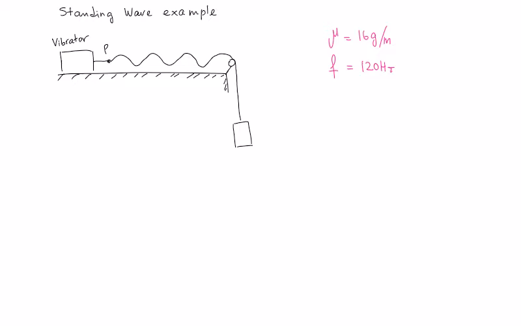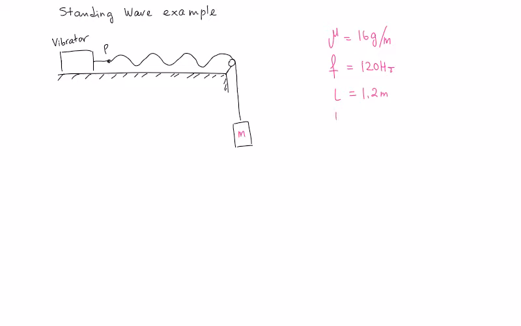The length of the string is given to us as 1.2 meters, and the other end of the string is connected to a certain weight, a mass. So the question is, what mass m allows the vibrator to set up the fourth harmonic?